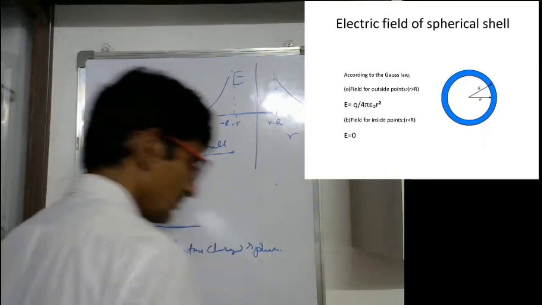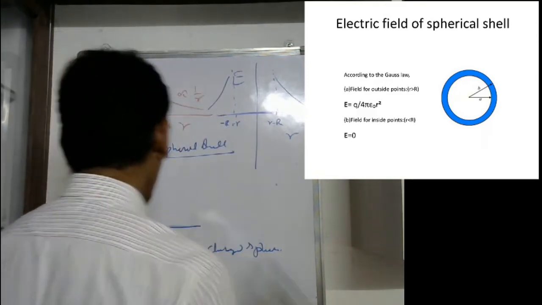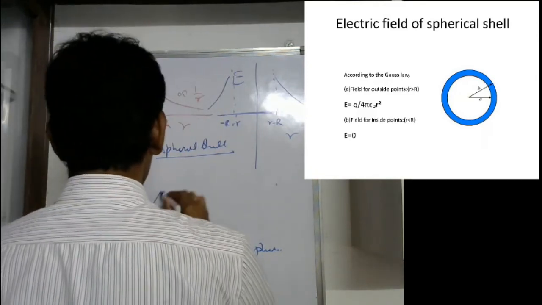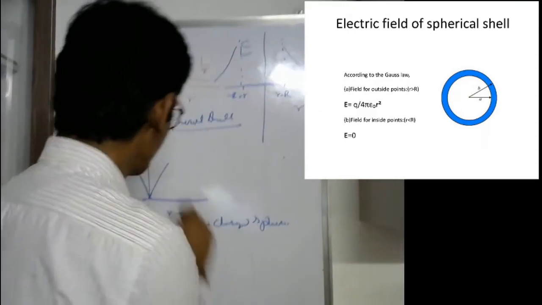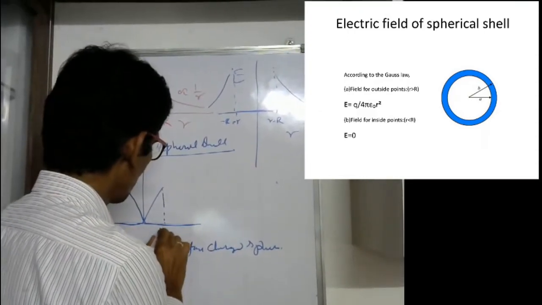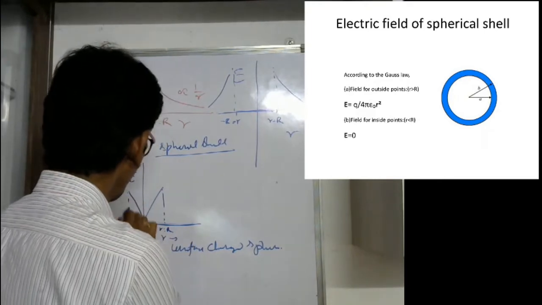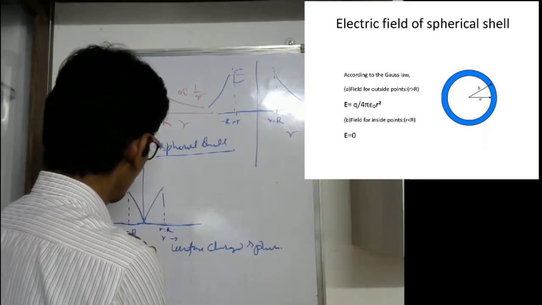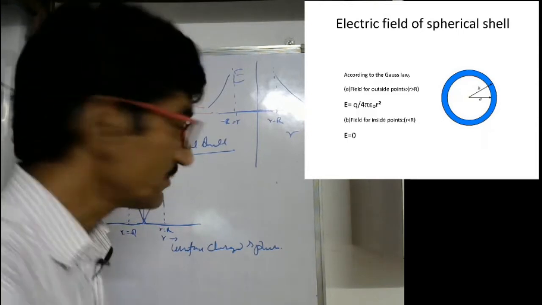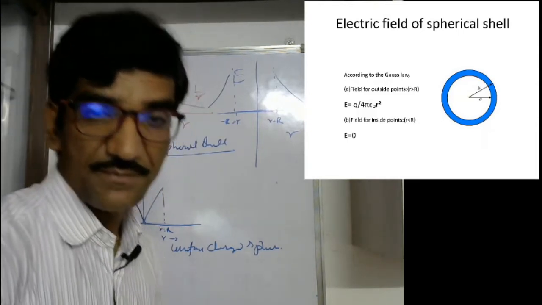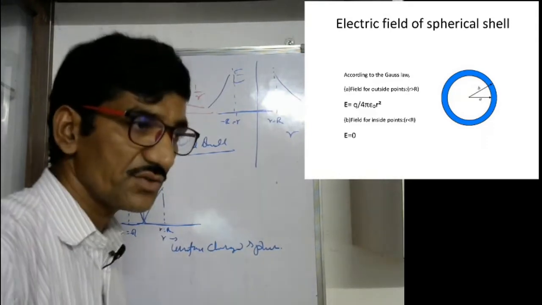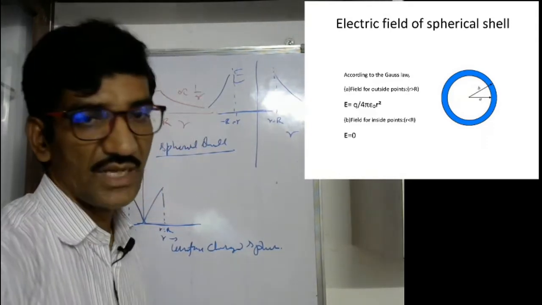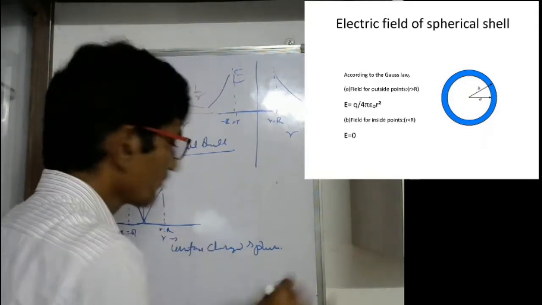E value is increasing as R, up to R is equal to capital R. When you move away from the surface of the uniformly charged sphere, it goes as ordinary Coulomb's law.